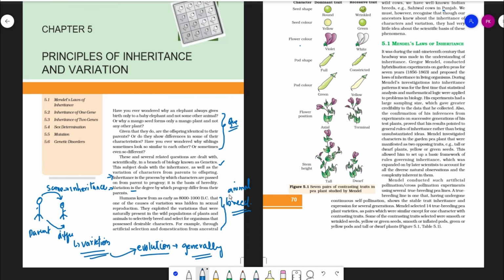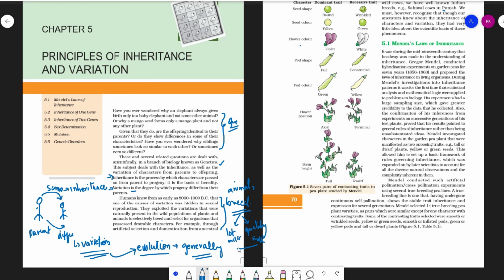So these people selectively select the organisms, the one that gives a large quantity of milk and the one that has good quality milk, and they breed them and make an organism which possesses both characters: gives a lot of milk and has good quality milk.